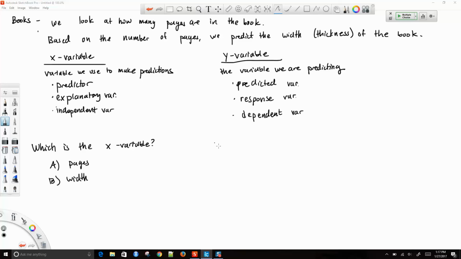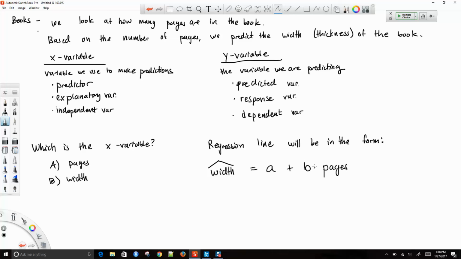And so the regression equation, the trend line, our regression line will be in the form: we are predicting width, so it's going to be width, and we put a little hat to indicate that this is what we are predicting, and it's going to be width is A plus B times pages, okay, to indicate that we're plugging in pages to get our width.